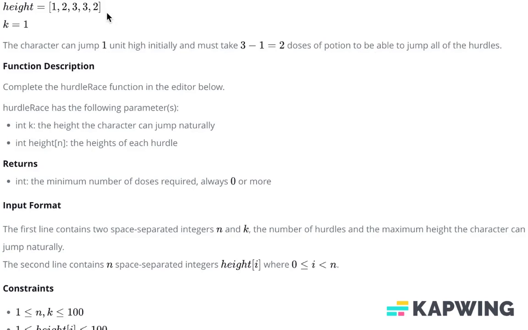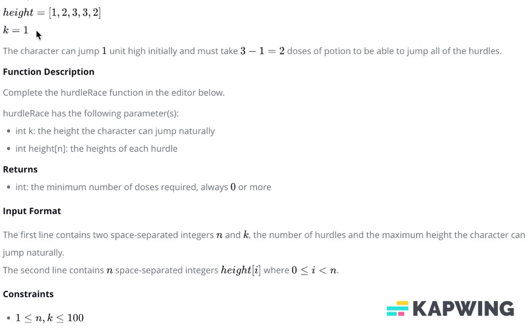So what this means is that K stands for how high the character can jump, and we want to see if this character will be able to jump all of the hurdles that are given in the array.